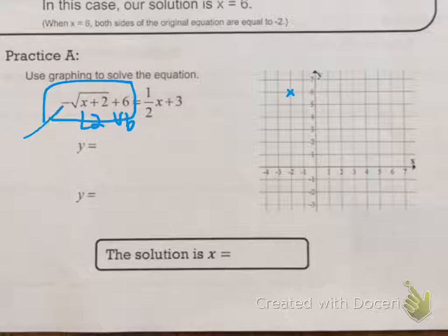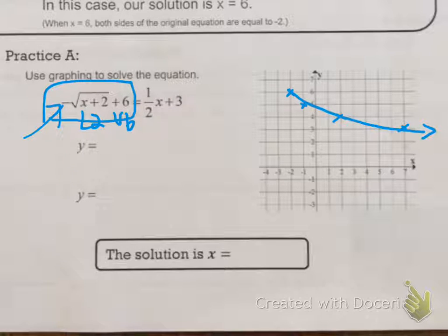And then because this negative is out front, that changes my y values to be negative. So if I'm going to go up 1 over 1, I would actually be going down 1 over 1, down 1 over 3, and down 1 over 5 for my graph. So my graph is going through those ordered pairs.